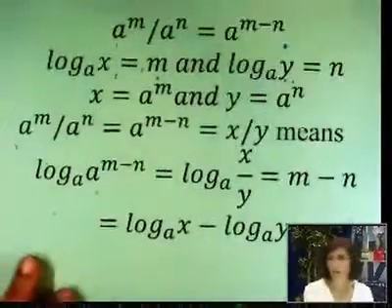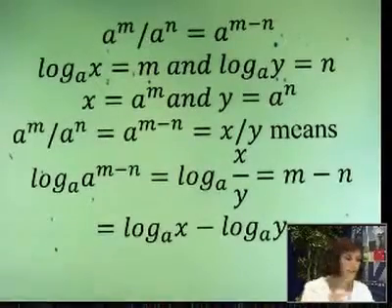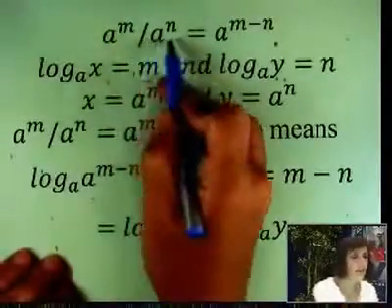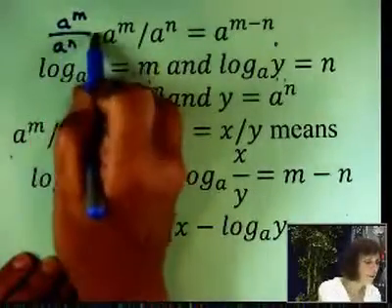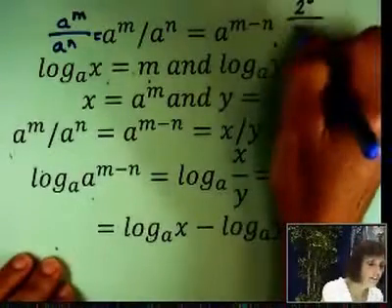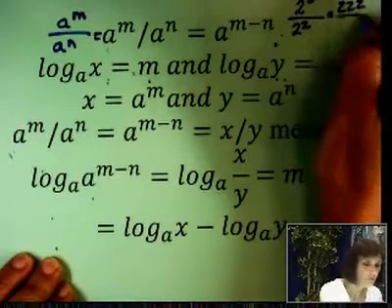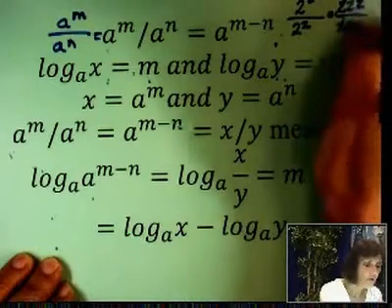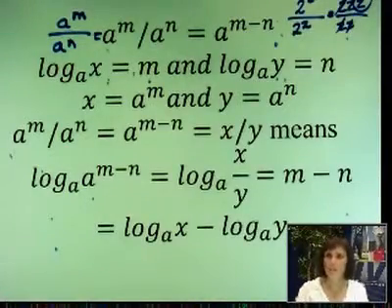Okay, let's look at this one. What happens to the quotient rule? Let's look at this. A to the m divided by a to the n. All right? What does that mean? Let's say I have 2 to the third over 2 to the second. What does that mean? 2, 2, 2 over 2, 2. These 2 will go. These 2, you'll end up with 2. So that means exponent 1, which is 3 minus 2.